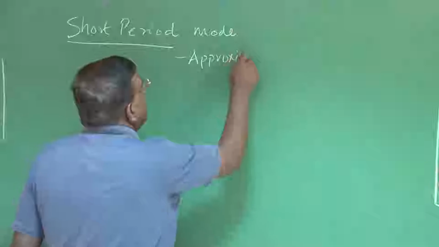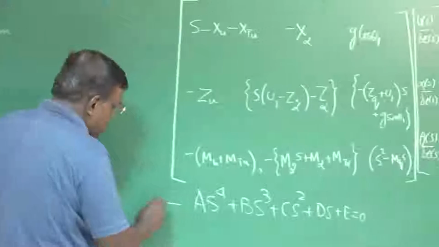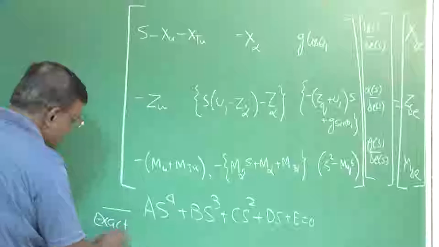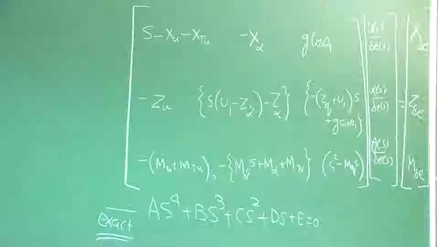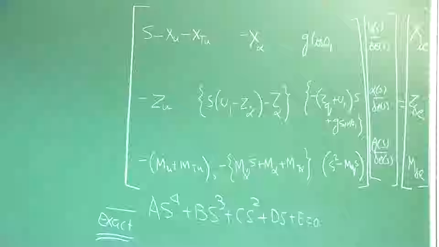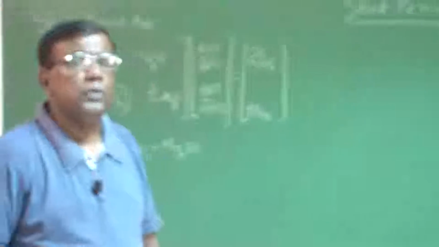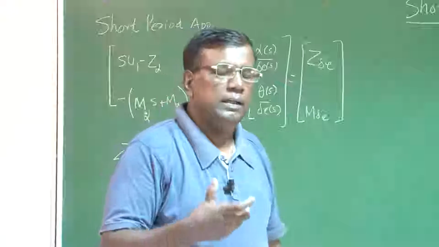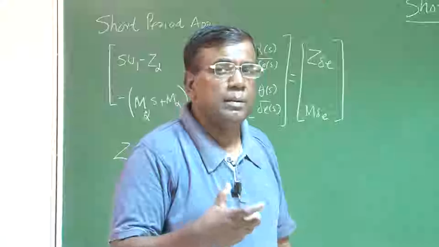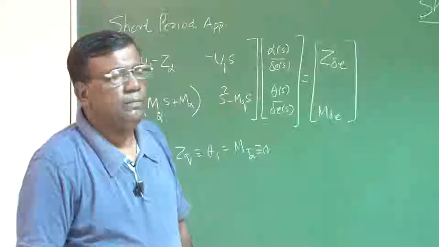this is the approximation, because you know that the exact is here. You have to find the roots of this equation, and generally for business type, conventional aircraft, you will find that it has two pairs of complex conjugates, and in one complex conjugate pair we find that the real part is largely negative compared to the other pair, and we try to understand the physics behind it.